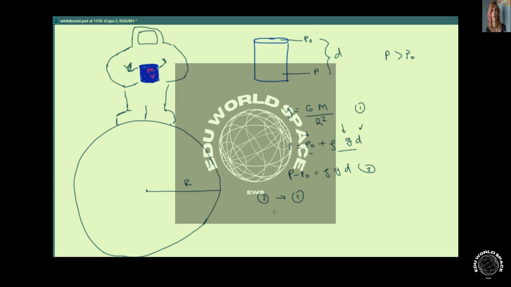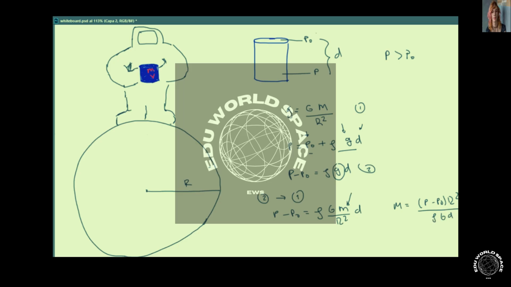So P minus P0 equals the density times, substituting g from equation 1, the constant G times the mass, divided by r squared, times the distance D. I want to find the mass of the planet, so I have to rearrange, and I find that M equals (P minus P0) times r squared, the radius squared, divided by the density times the constant G and D.